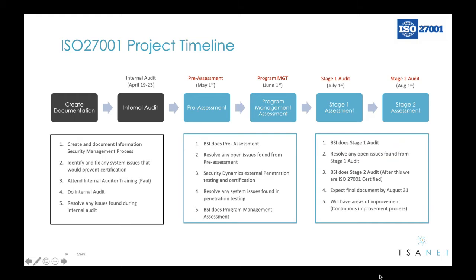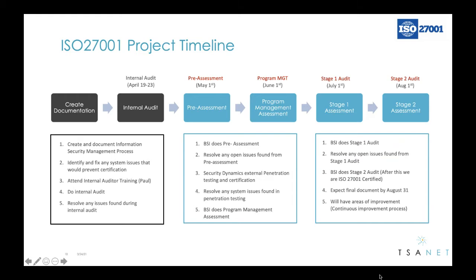We're identifying any types of issues that we find in the system that would prevent certification. We're doing some training, we're doing internal audits, and again, we're kind of this continuous improvement, maybe from the inside out, really again focused on reliability, security, all the kind of basics of the system that you are going to want to have moving forward.